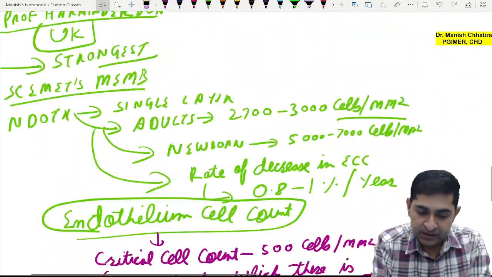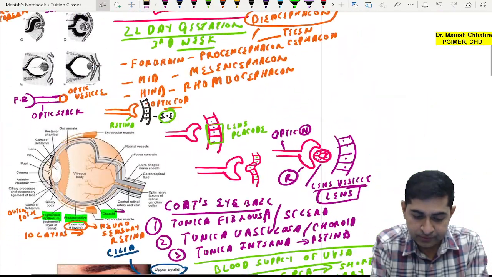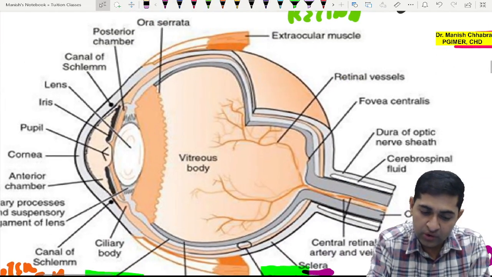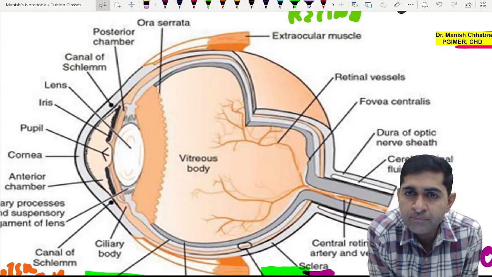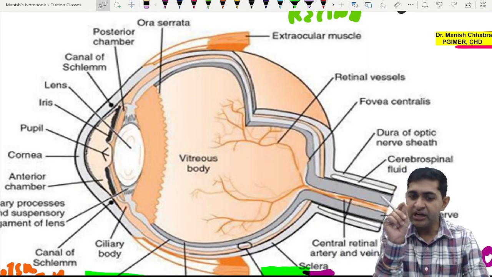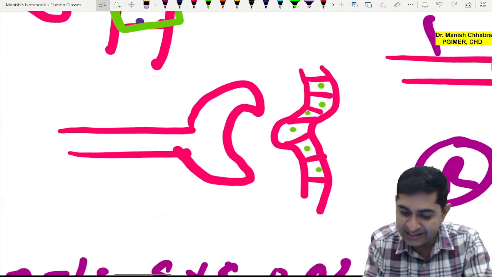Now, coming over to this image. So there is the optic cup which was being formed. Now the optic cup has 2 layers, the inner layer and the outer layer. If you could recall, this is yesterday's diagram.